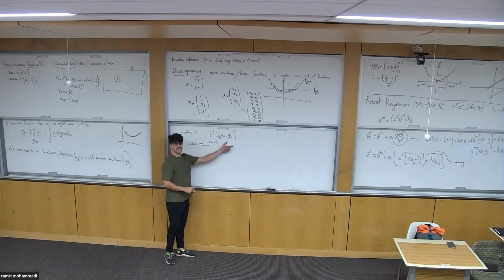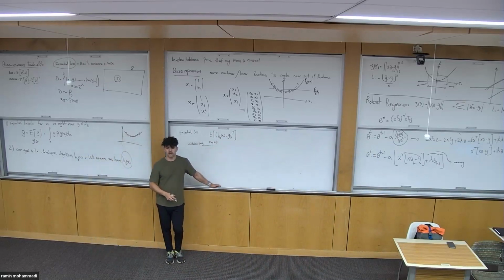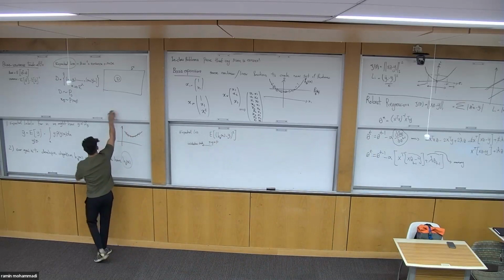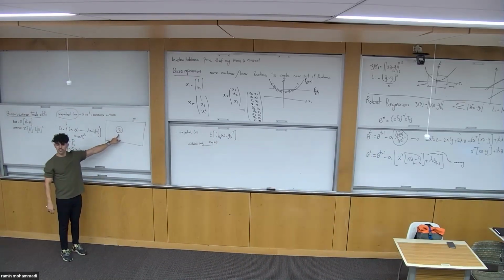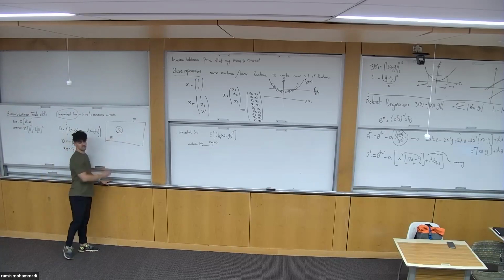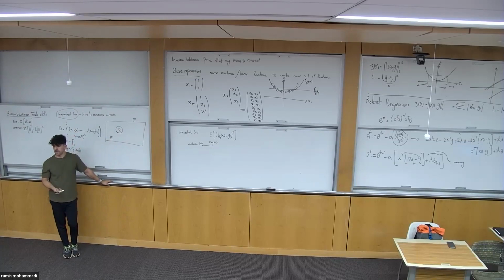But why is this expected error? Why not directly calculate all the errors? Why should it be expected? Because you need to go back to this. Your training data is here, right? Let's say you have a validation data. This is my validation data. That is also random data, could be anywhere here, right?